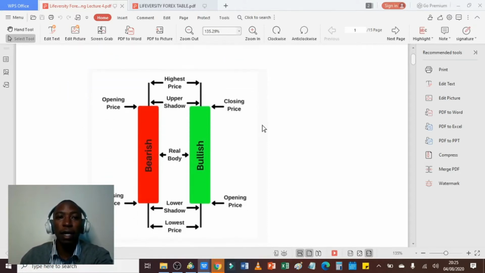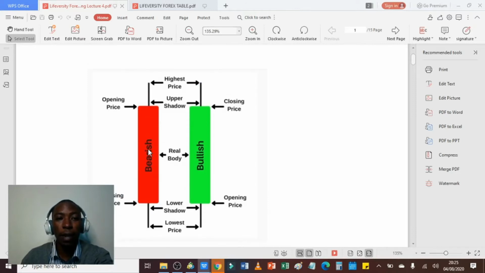As you can see on the screen, there are two types of Japanese candlesticks. We have a bearish Japanese candlestick and a bullish Japanese candlestick. By bearish, I simply mean a downtrending Japanese candlestick, and by bullish, I mean an uptrending Japanese candlestick. As you can see in the diagram, on the bearish candlestick, which is the red one, we have different parts.